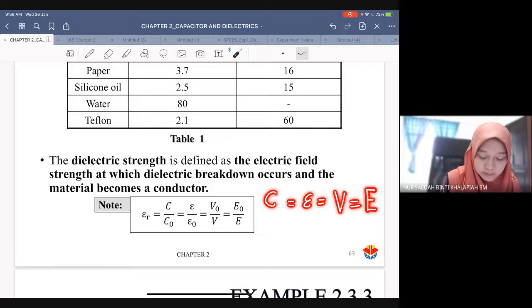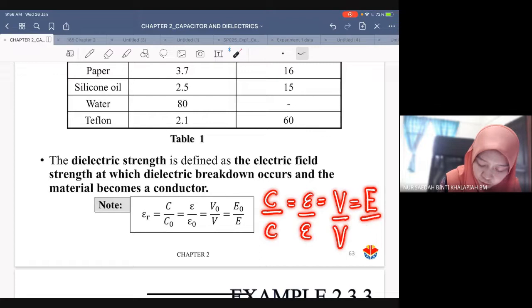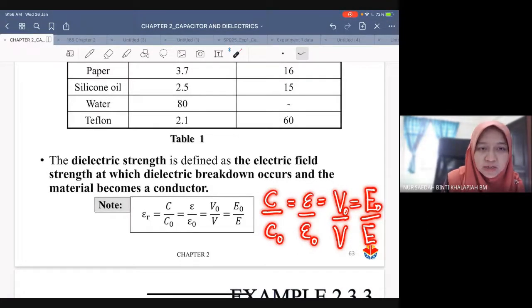Lepas tu dia kan bahagi dengan C juga. Dia ni huruf dia sama. Cuma yang kita kena hafal, not tu mula-mula yang bawah. Lepas tu yang 2 terakhir tu, not dia tu dekat atas. So korang mungkin ada tips lain macam mana nak hafal formula dielectric constant kita. So korang boleh listkan yang ini untuk formula dielectric constant.